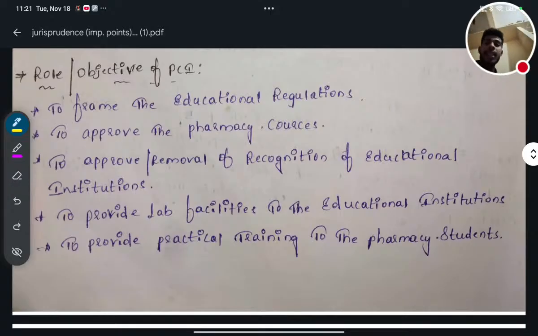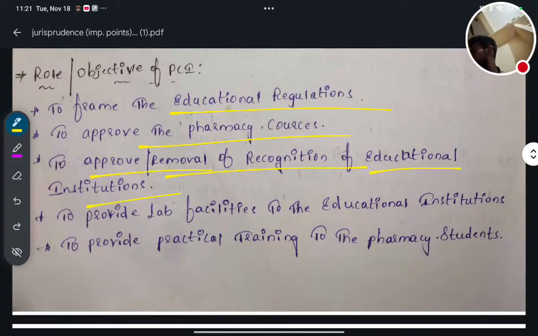To frame the educational regulations, to approve the pharmacy course, to approve or remove the recognition of educational institutions, to provide lab facilities to the educational institutions.